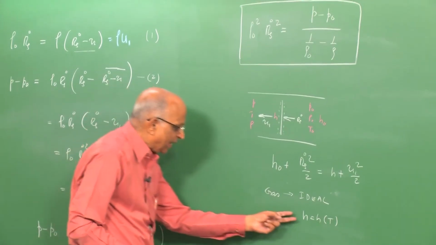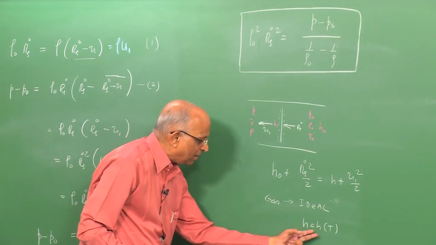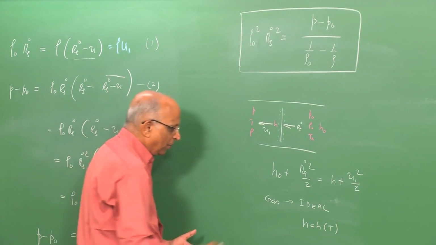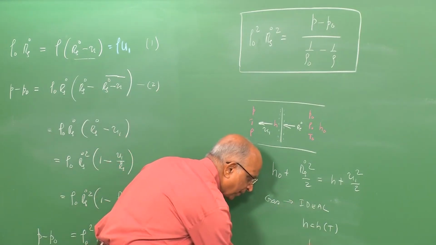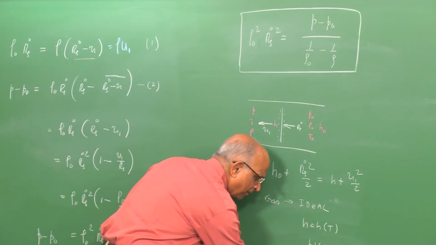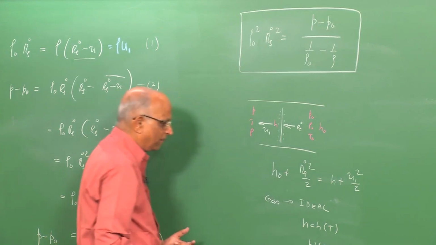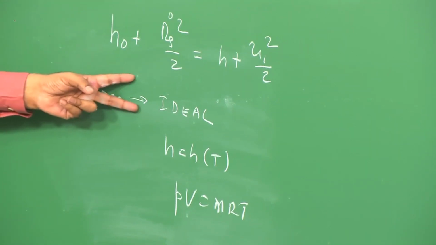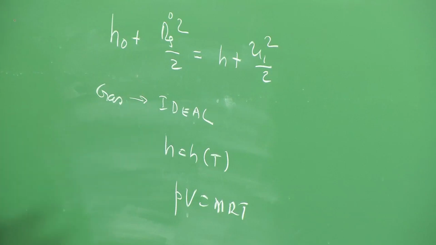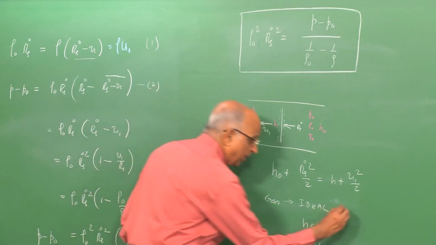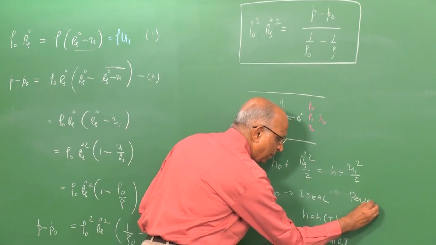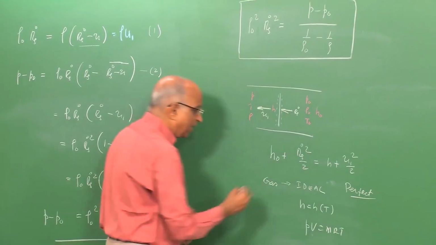And the moment we say H is a function of temperature, internal energy is a function of temperature, we also know that for an ideal gas, the equation of state becomes PV is equal to MRT, mass of the gas having a volume V. Therefore, we start with an ideal gas, and we also say, in addition to being ideal, let the gas be perfect. What is the difference between a perfect gas and an ideal gas?